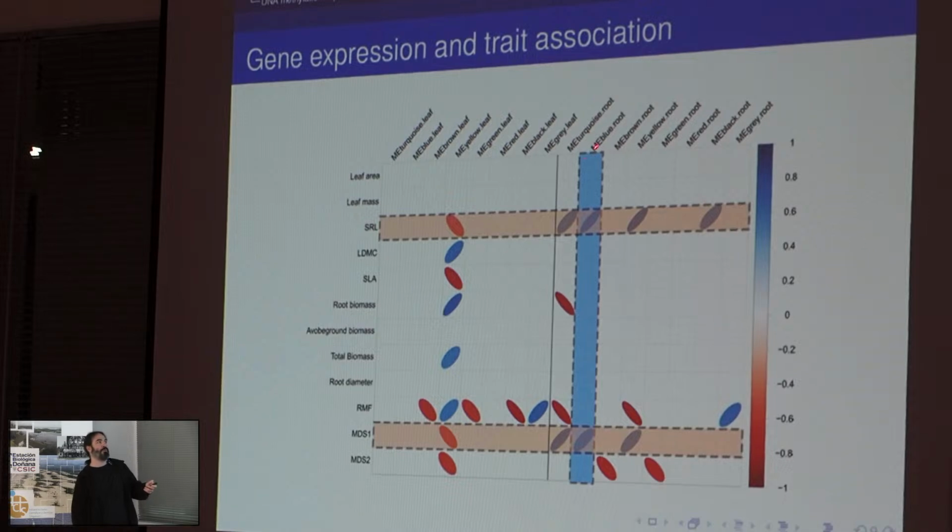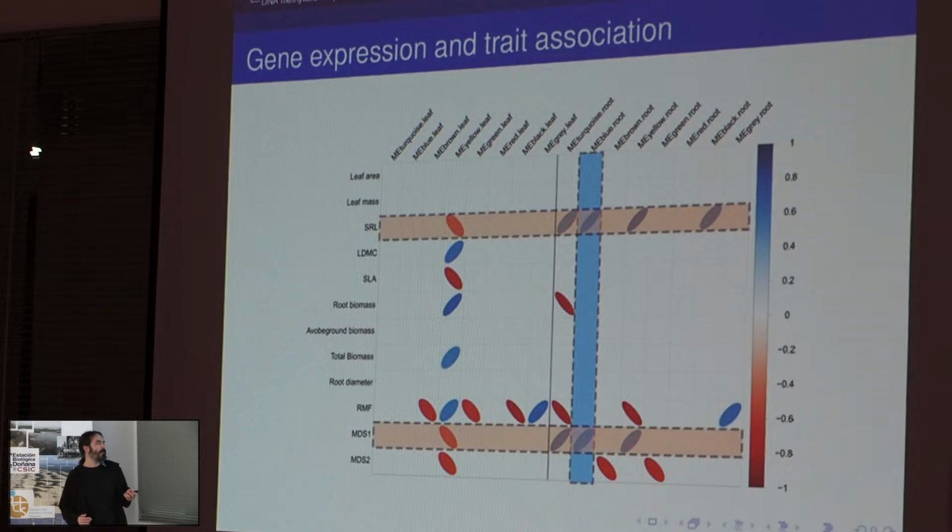However, the root expression of this module has a strong correlation with the first dimension, which was the one defining the root morphology, and also with a single trait, which is specific root length. I think it's the proportion of fine roots in relation to the mass over biomass.